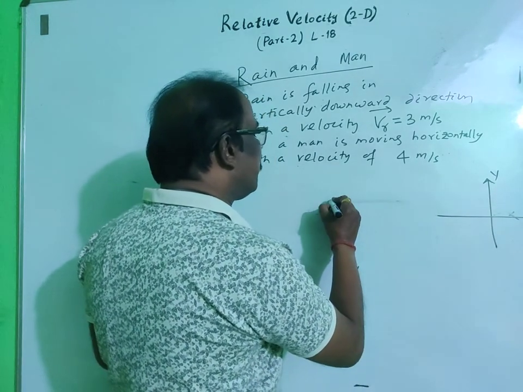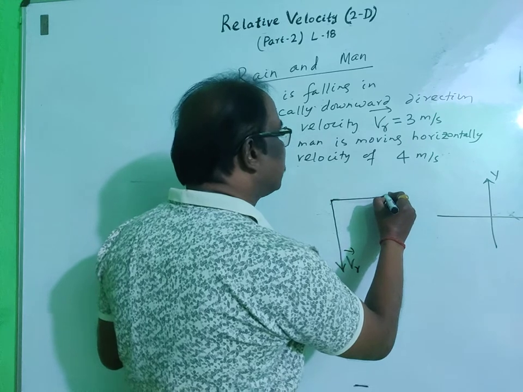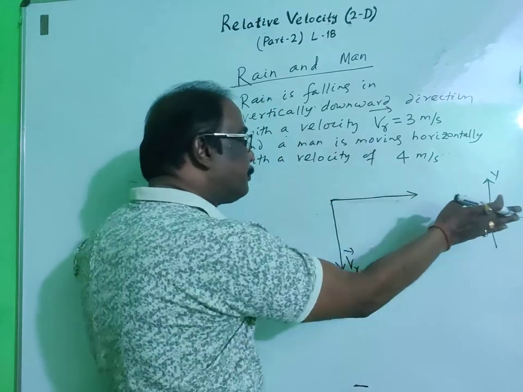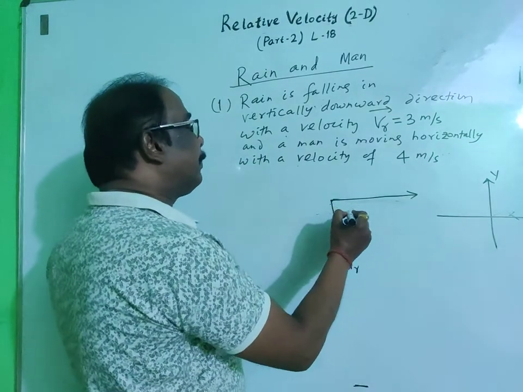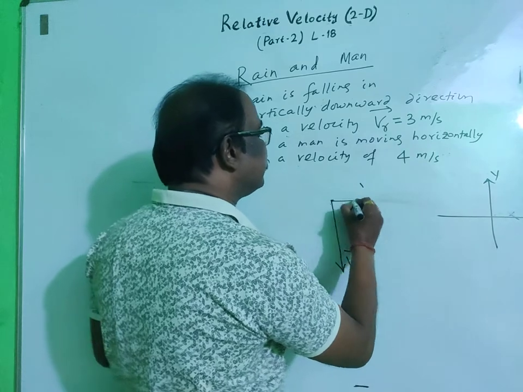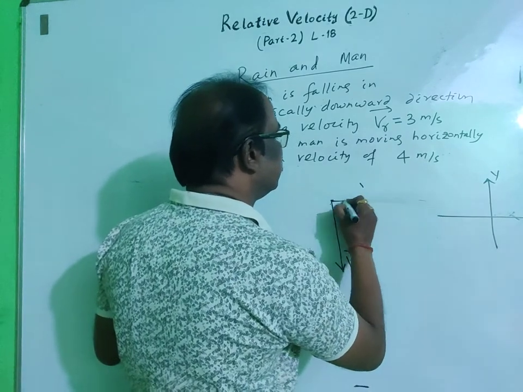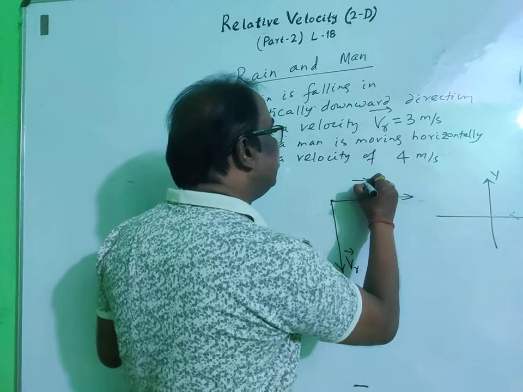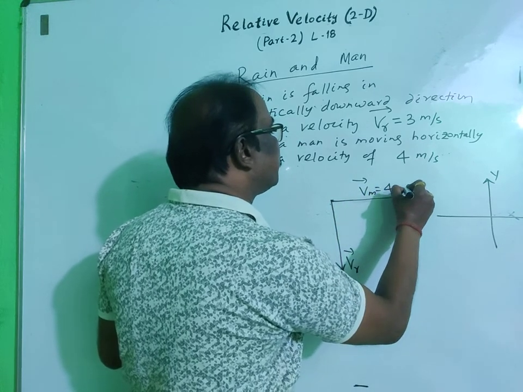Let's take the motion of the man along the positive x-axis. The man is moving horizontally with a velocity Vm equal to 4 meter per second.